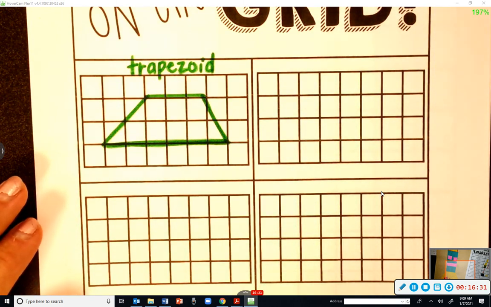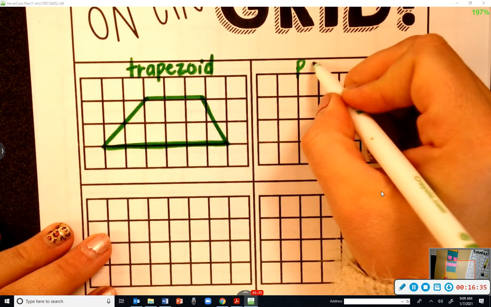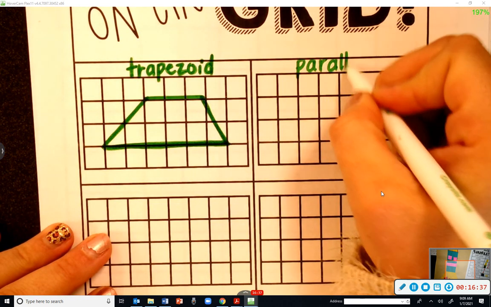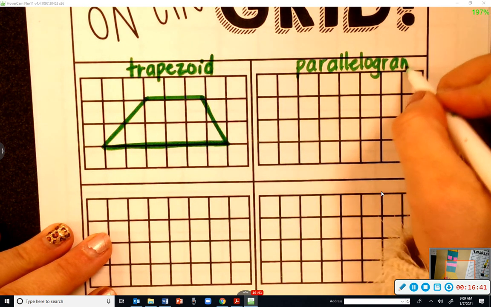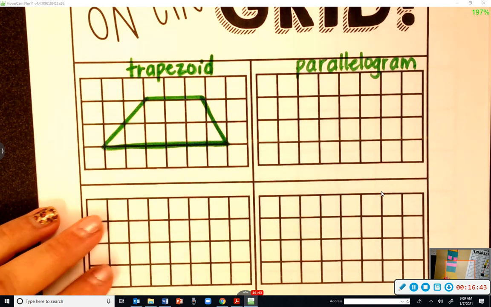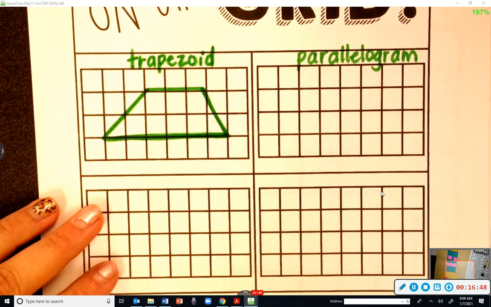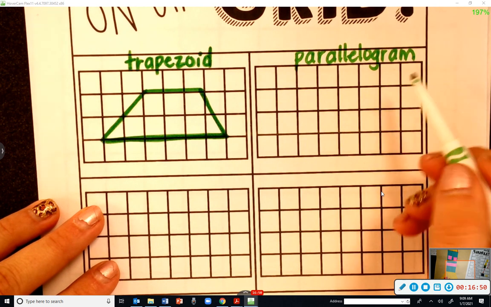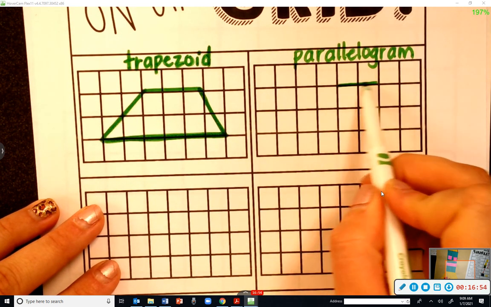Okay, the next one is a parallelogram. Parallelogram has to have 2 pairs of opposite sides that are parallel. Okay, so this is what you could do the top and the bottom.